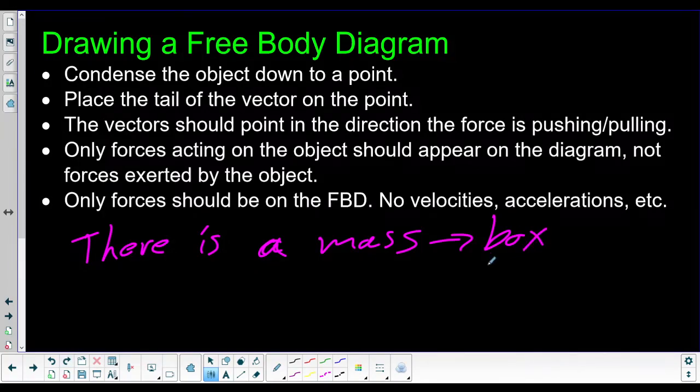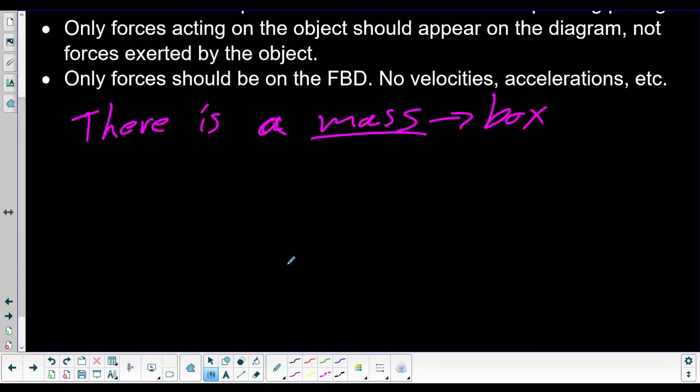It's just something that is made of stuff. It doesn't really matter what it is, right? It's a mass. So what we're going to want to do first is condense the object down to a point. Really, when you're moving stuff around, you've got your box here.